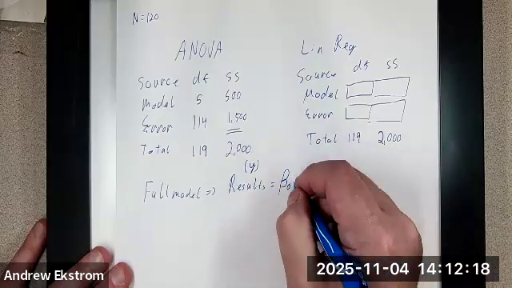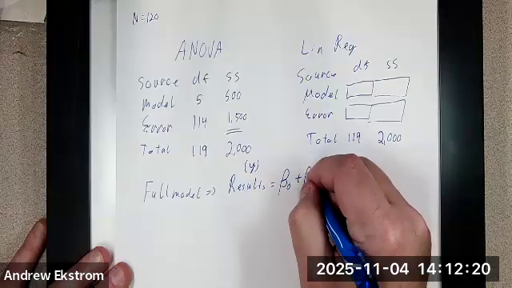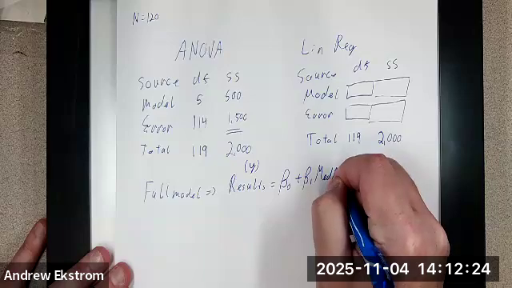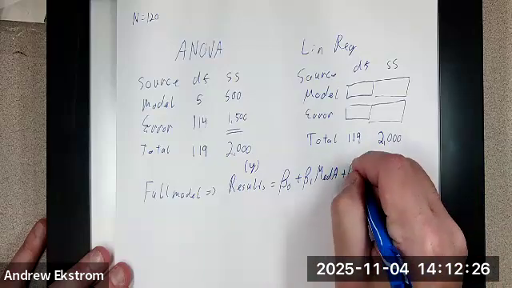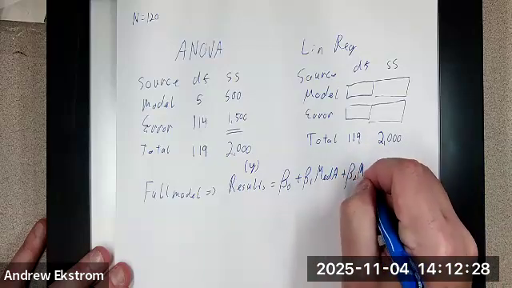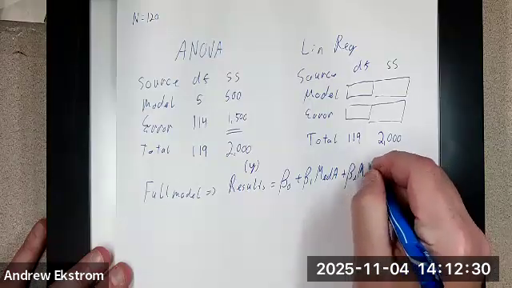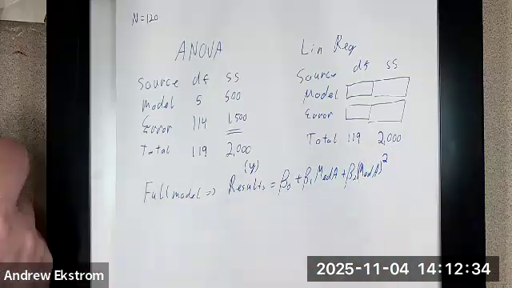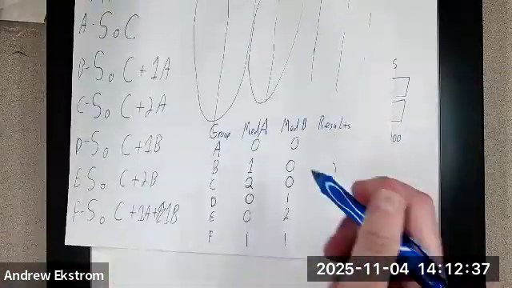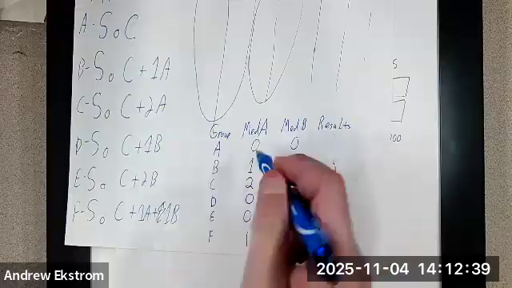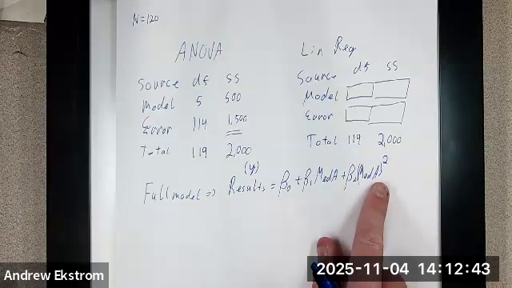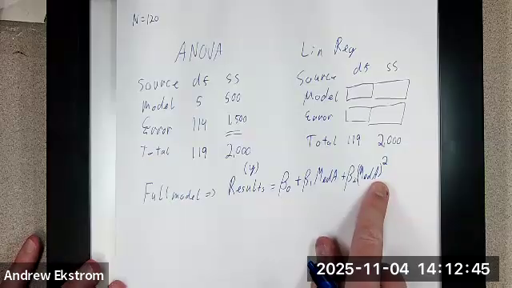We're going to still have the beta 0, beta 1, say medication A, plus beta 2, medication A. But because we've got 0, 1, and 2, we can actually add in a quadratic term here.